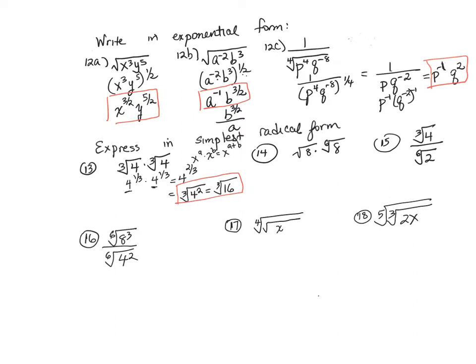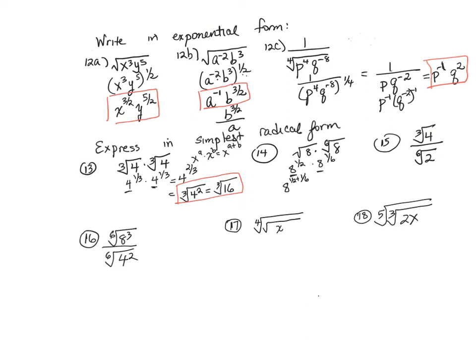In the next one, we could write it as 8 to the 1/2 times 8 to the 1/6. As long as we have the same base, we could add the exponents: 8 to the 1/2 plus 1/6. We have to do a little bit of fractions here. We have to add fractions, and we have to have a common denominator.